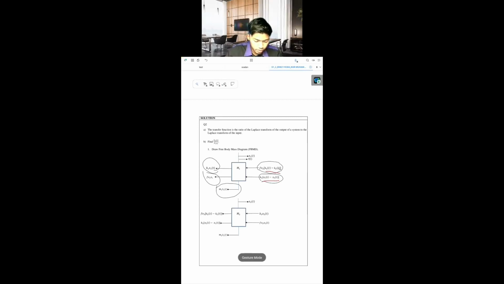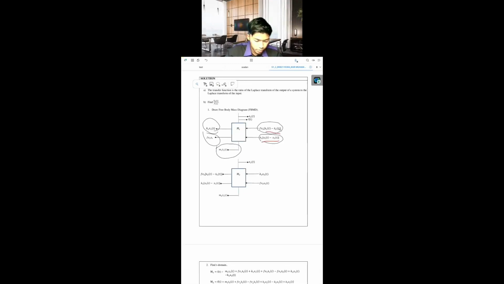Okay, kita teruskan. We move on to M2. M2, we also put the same thing, which is spring number 3, K3 here. And this one is friction. And inertia, kita ambil kira inertia.